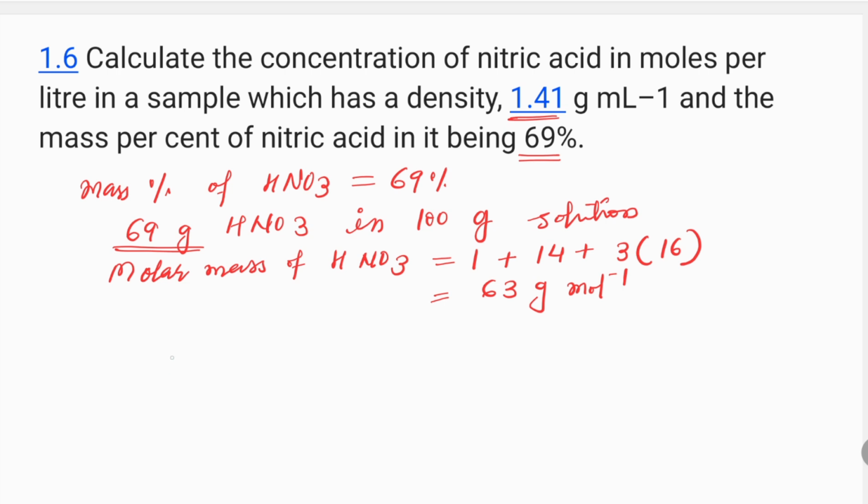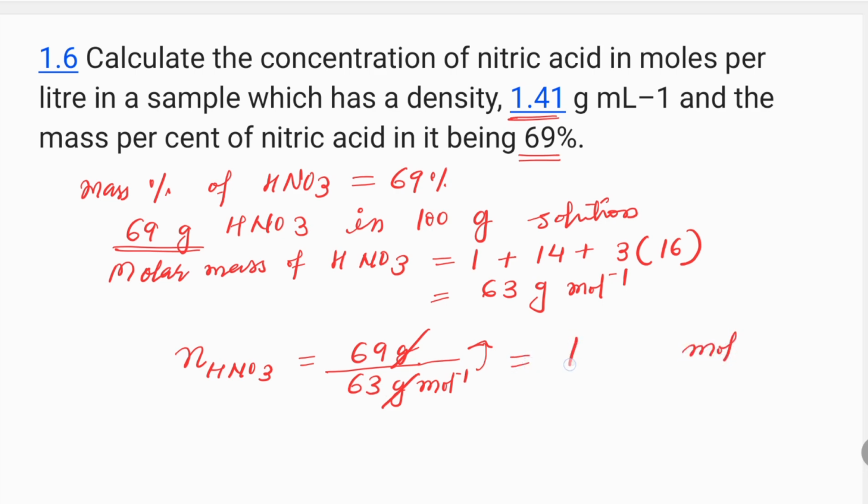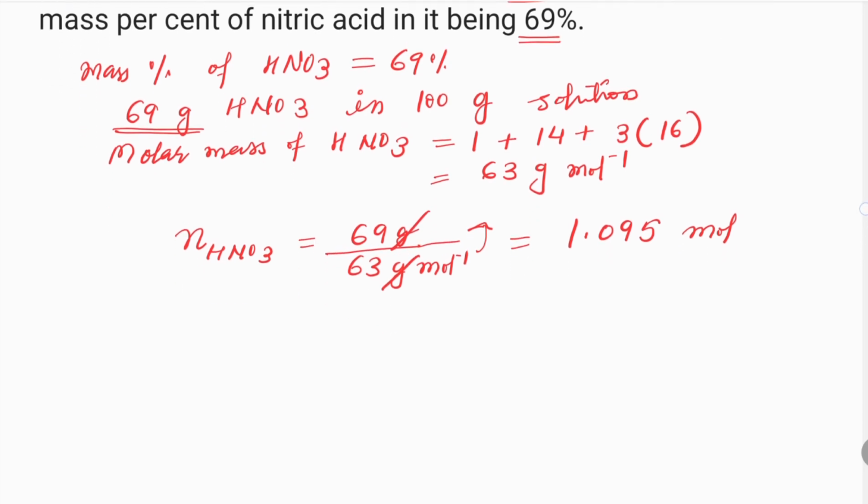The given mass is 69 gram. So number of moles of nitric acid is 69 divided by 63. 69 is in grams and 63 is in grams per mole. Gram and gram cancel and mole inverse goes up and it becomes moles, which comes out to be approximately 1.095 mole. So this much number of moles are present in 69% nitric acid.